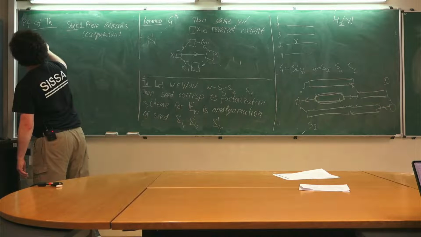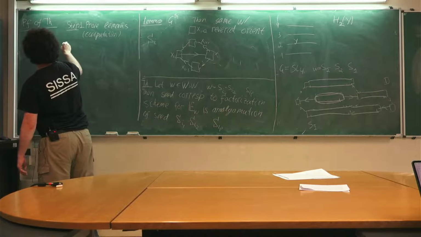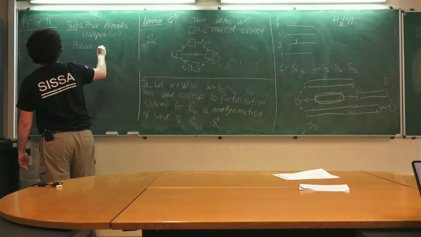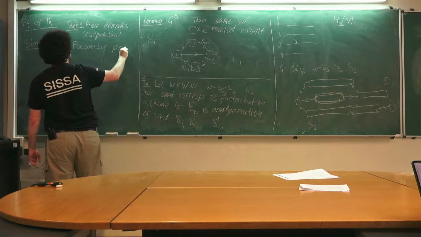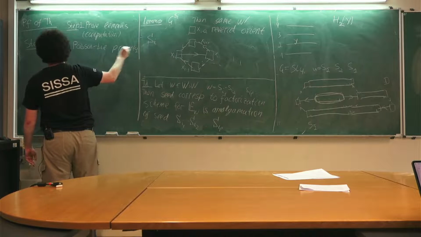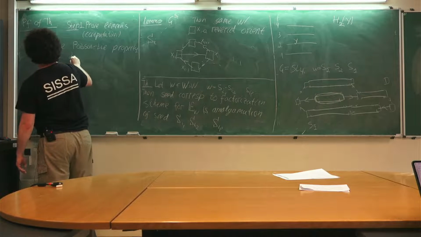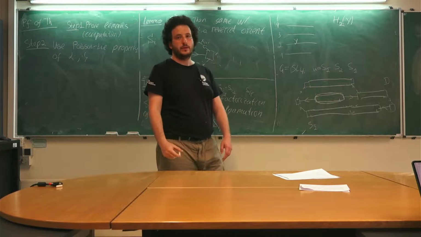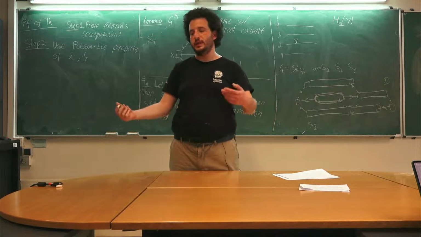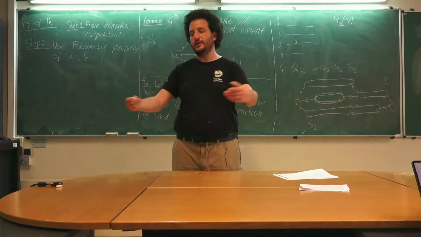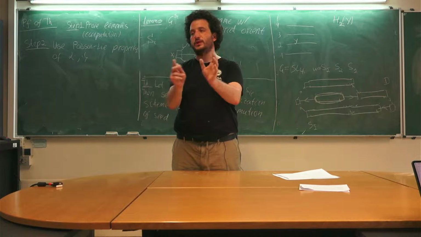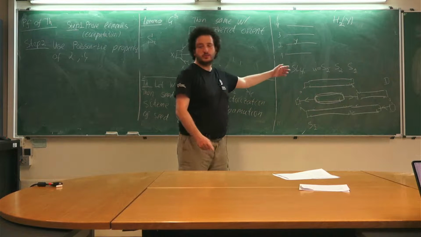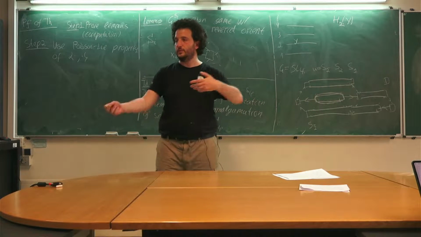And step 2, use the Poisson-Lie property of our Poisson bracket. Recall that the Poisson-Lie property tells us how to compute the Poisson bracket for the product of two elements of G times H. And this factorization scheme is actually prepared for the products.